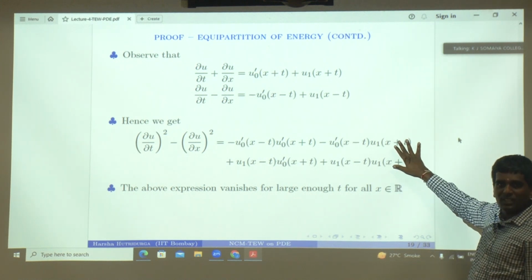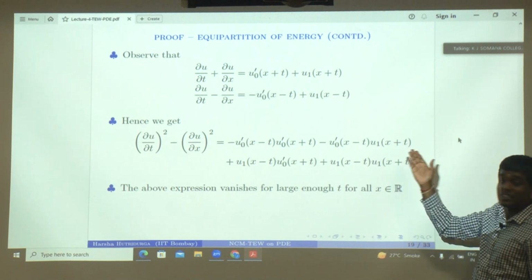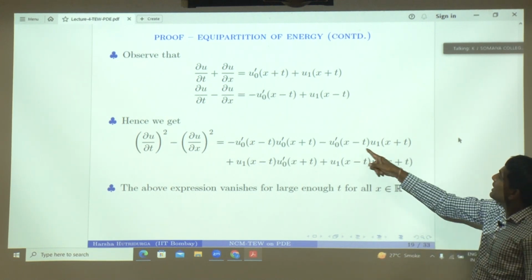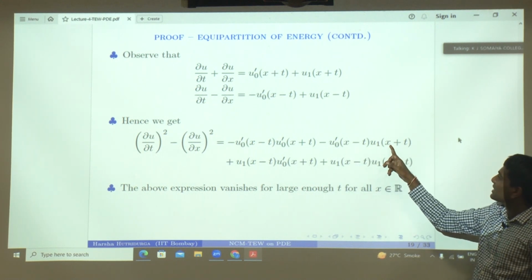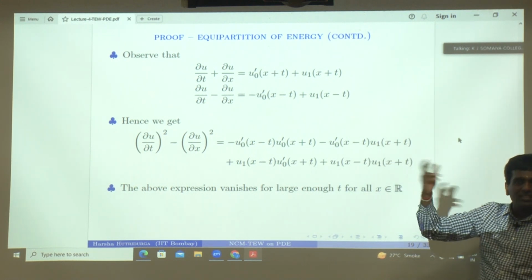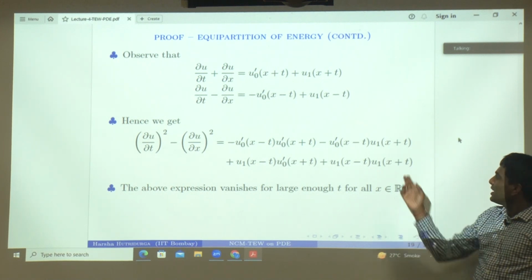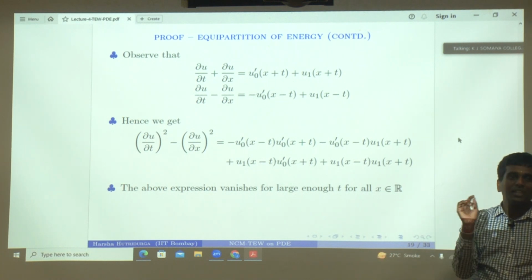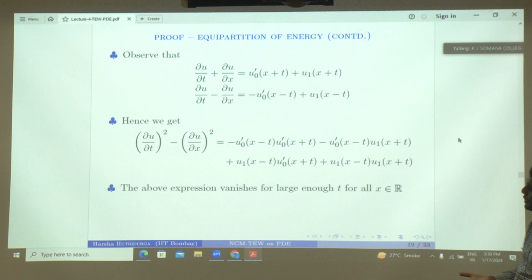I hope this point is clear, because suppose I stand at a point x. I'm fixing some point x, and I take t large enough. When I take t large enough, either x plus t will go out of that interval AB, or x minus t will go out of that interval AB. In either case, one of them will vanish, because both u1 and u0 are assumed to be compactly supported, so they will not contribute.